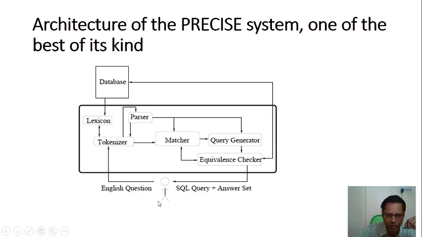When an end user tries to find some information, internally the statement is converted through these stages: lexicon, tokenizer, parser, matcher. Based on that, you will get the answer by SQL query along with the answer.